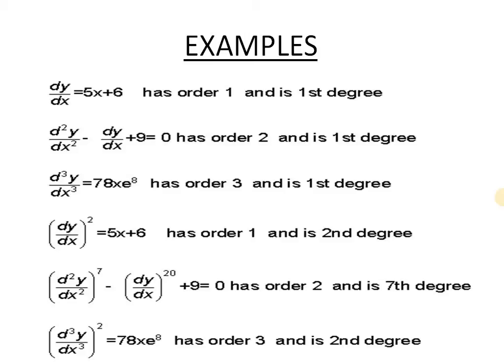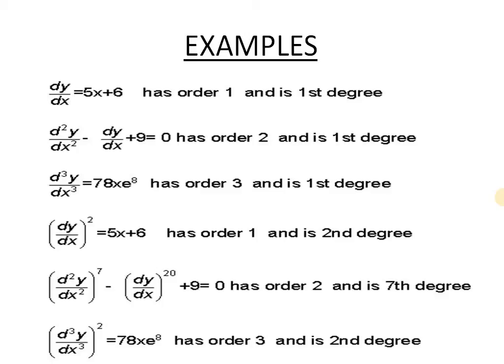The power of the highest order d²y/dx² is 1, so the degree is 1. Then looking into the third one, d³y/dx³ = 78x e^8. Here the derivative is d³y/dx³, so the order is 3, and the power of the third order derivative is 1. So the degree of the equation is 1.